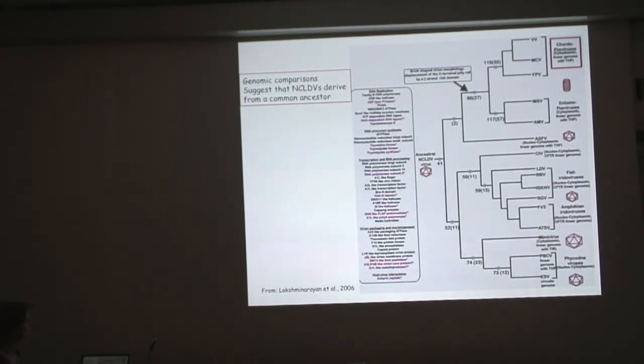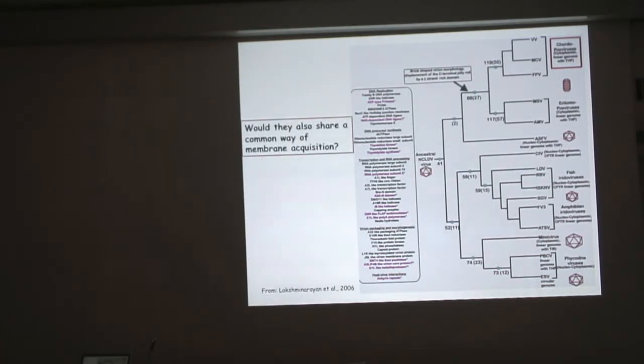What is also very interesting is that they share quite a number of proteins with homologies, obviously proteins that enable them to replicate their DNA and carry out transcription in the cytoplasm, but also some proteins that might be involved in virion packaging and morphogenesis.